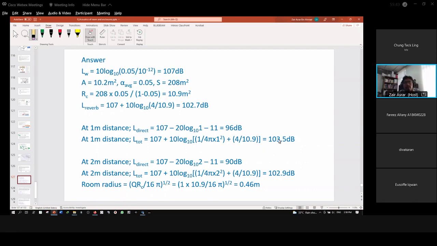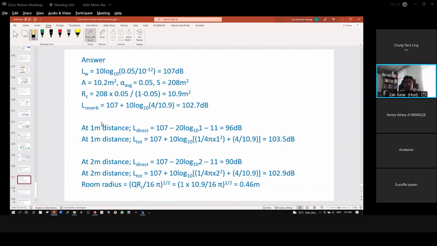So this will give us 103.5 dB. 1 is our Q actually, for this particular example. So we can calculate the sound pressure level at 2 meter distance, and also the room radius. Room radius does not depend on the distance. So we have 0.46 meter as the room radius for this particular room.